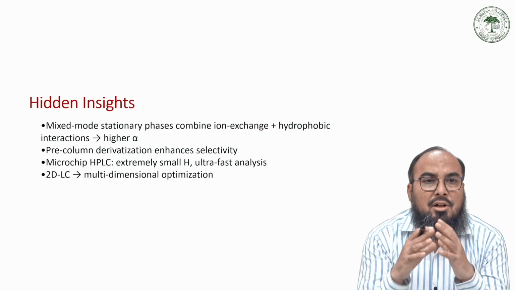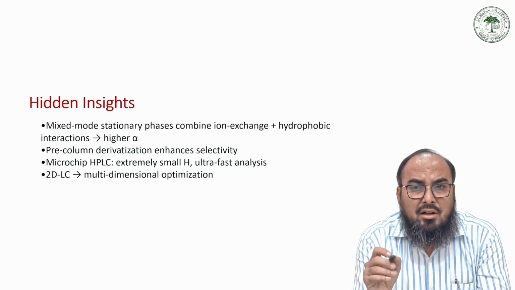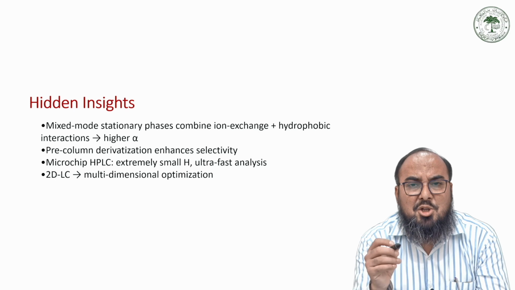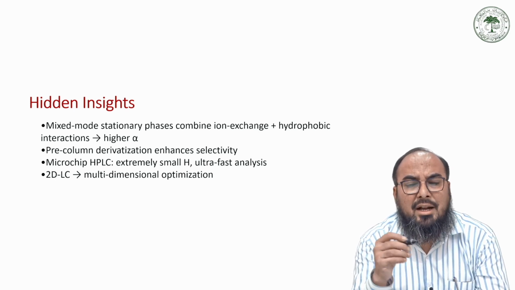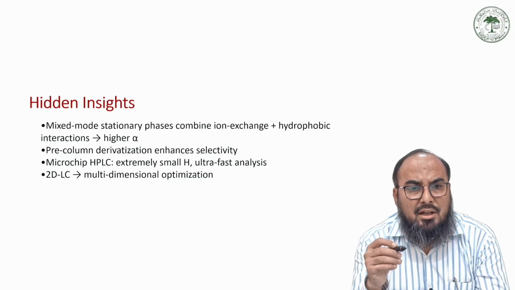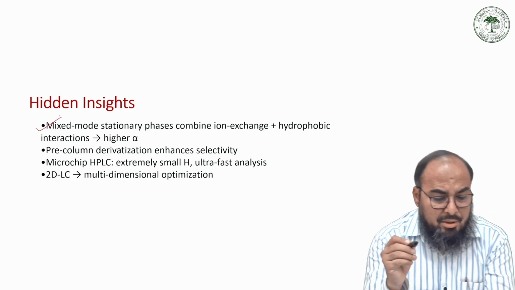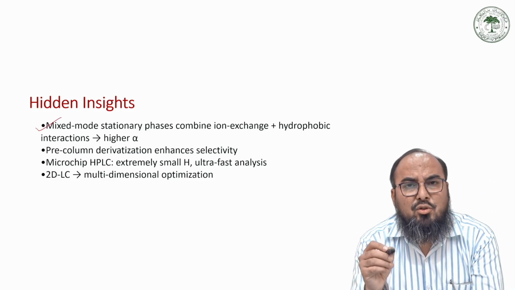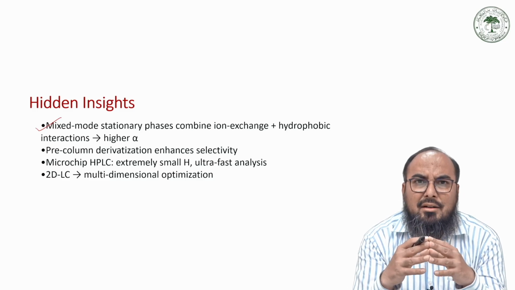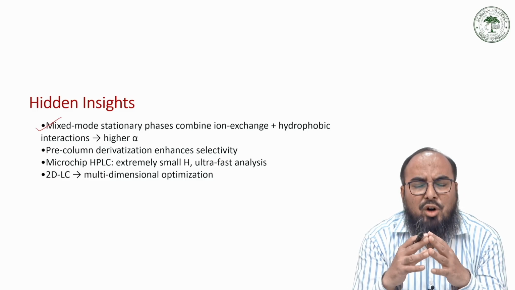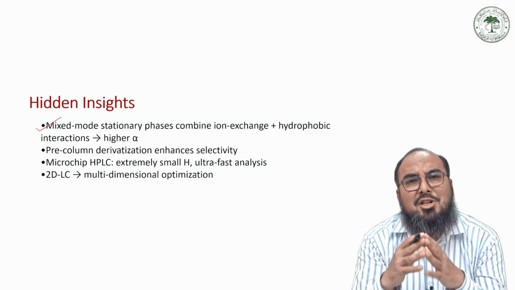Okay, so some hidden insights. One is that in the case of a mixed stationary phase, you always have certain interactions. Sometimes you have hydrophobic and ion exchange interactions, and that gives you a greater alpha, that is, a greater separation. Then pre-column derivatization: if you derivatize your stationary phase, you can tailor the interaction of the solute molecule with the stationary phase.